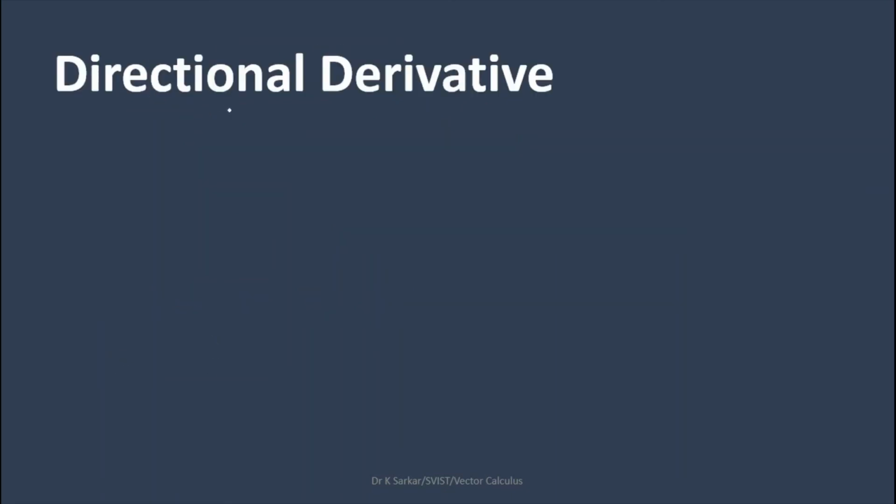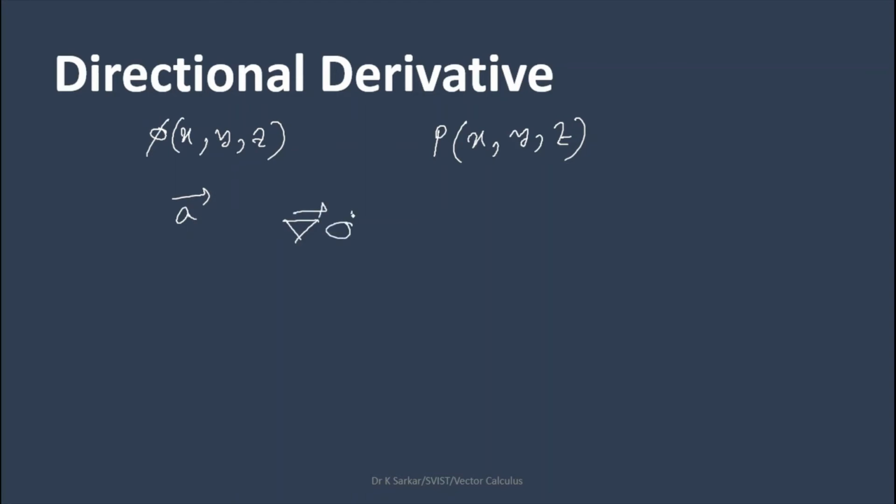What is directional derivative? The directional derivative of a scalar field phi xyz at a point P(x, y, z) along the unit vector a is given by grad phi dot a.